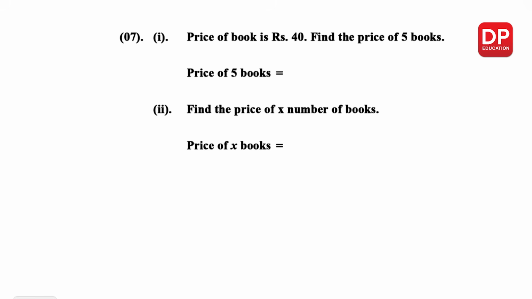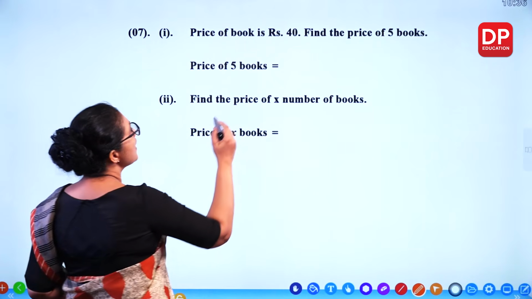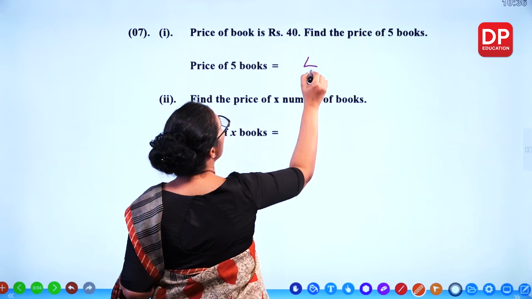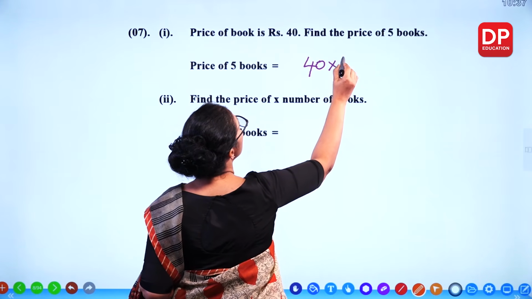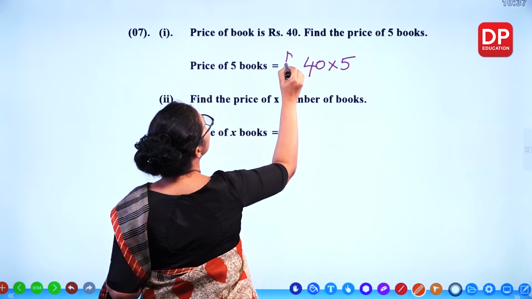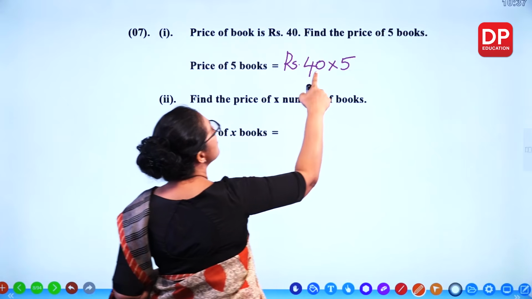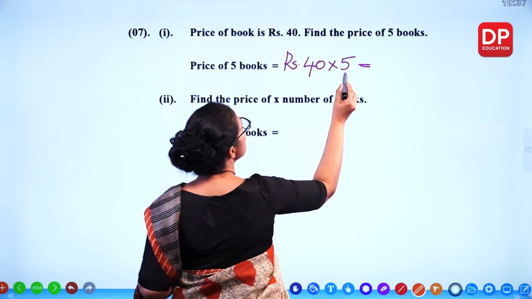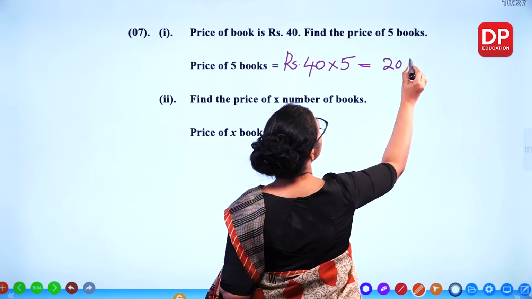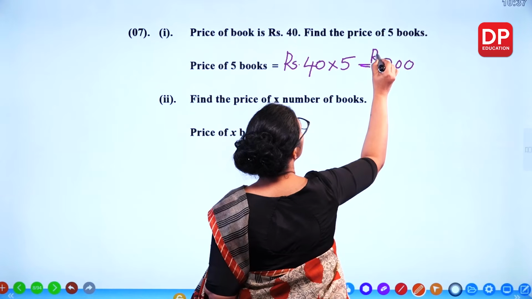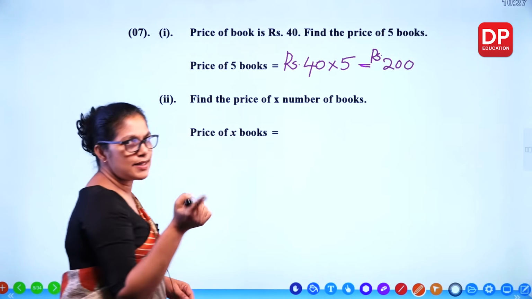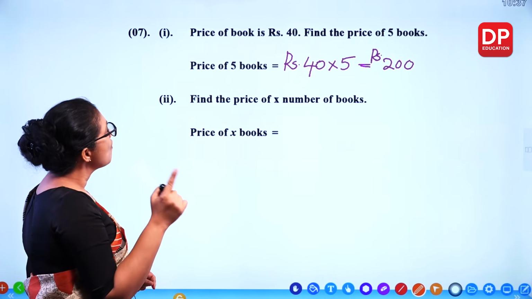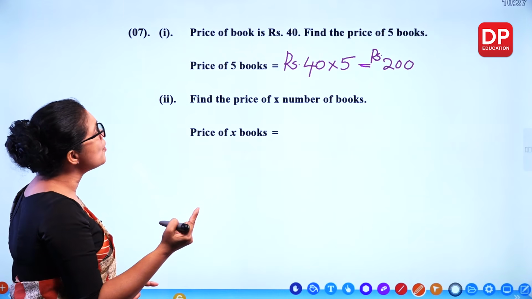The price of a book is 40 rupees. Find the price of 5 books. So we can multiply 40 times 5. You get 4 times 5, 20, so 200 rupees. When you have numbers, you can multiply and write down the number. Find the price of x number of books.